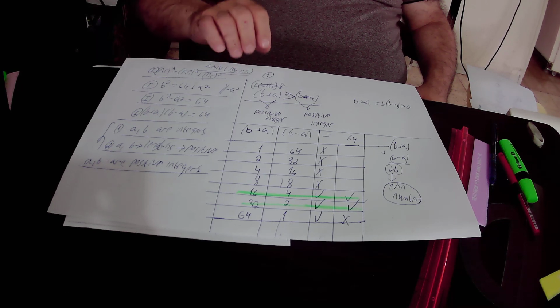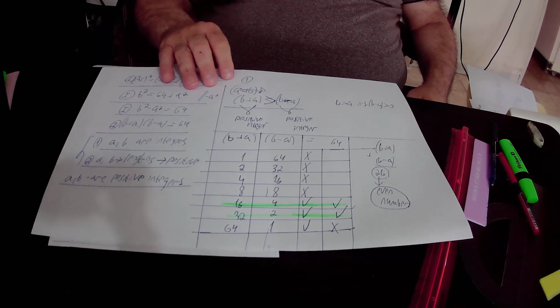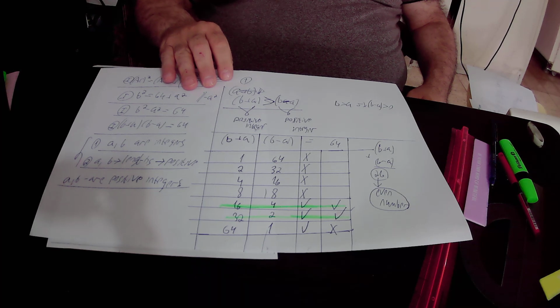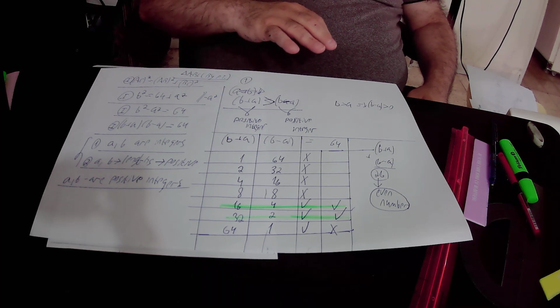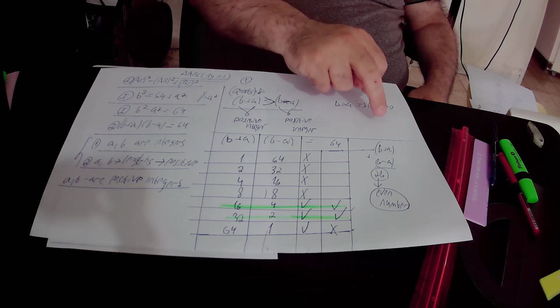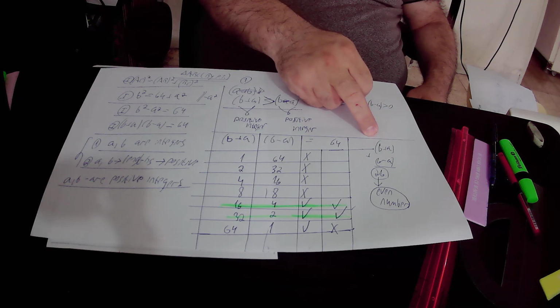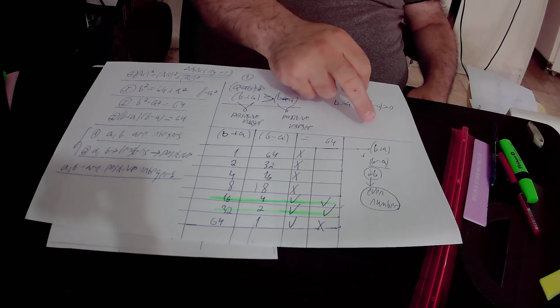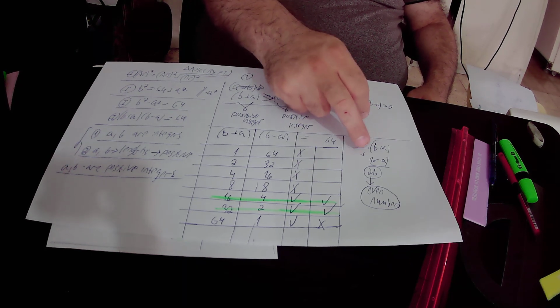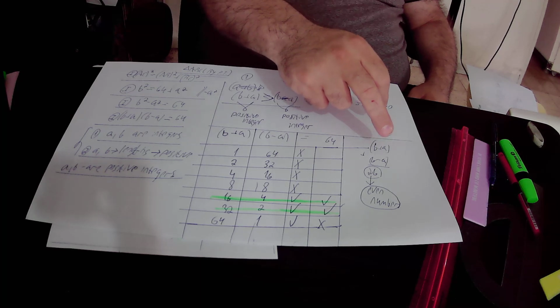In the next step we will add the two positive integers together in order to find the value of the result. So we added the two numbers together, b plus a plus b minus a. So b plus b is 2b and a minus a is 0.